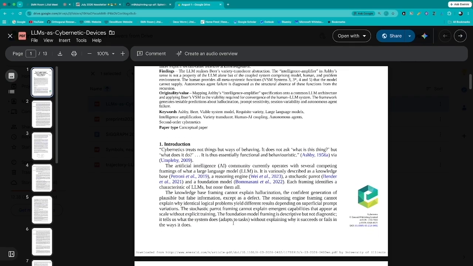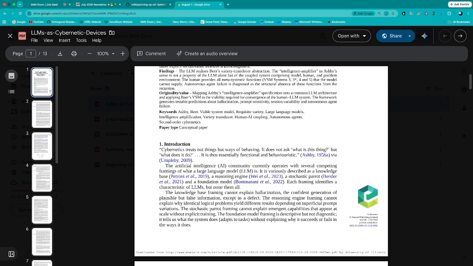Yeah, so that's the abstract. And then we have the introduction here. Cybernetics treats not things, but ways of behaving. It does not ask, what is this thing, but what does it do? It is essentially functional and behavioristic.